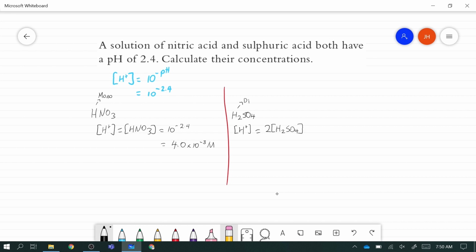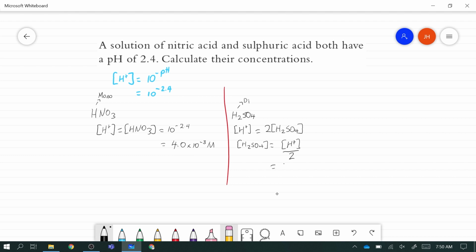So our equation ends up looking like this. Now, as a result, concentration of sulfuric acid in solution, which is what we're being asked to find in the question, is going to be equal to hydrogen ion concentration divided by 2 if we rearrange.